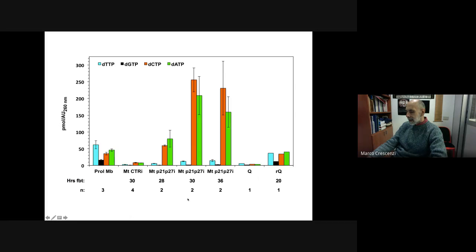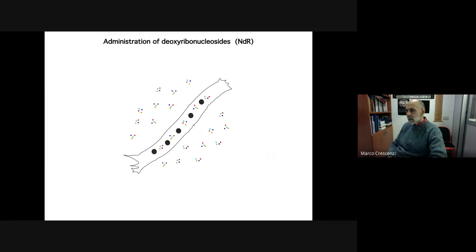So by hypothesizing that two nucleotides were present in too small amounts to allow full DNA replication, we decided to try and replace them. And so we provided nucleosides, the precursors of nucleotides, from the outside. Nucleosides are capable of crossing the plasma membrane, so you can give them from the outside. Nucleotides cannot cross the plasma membrane.